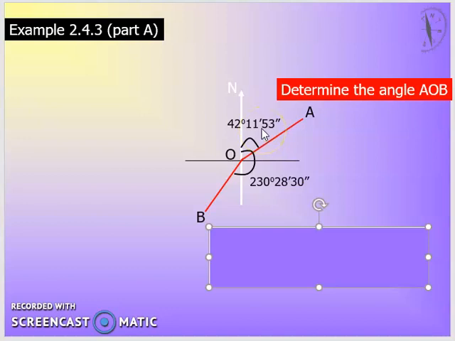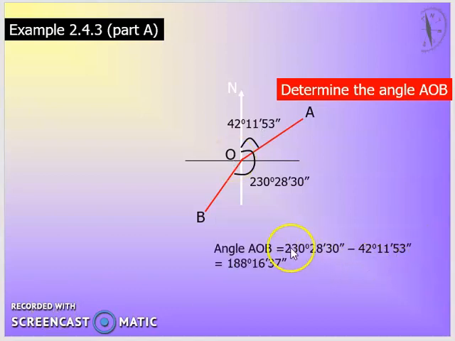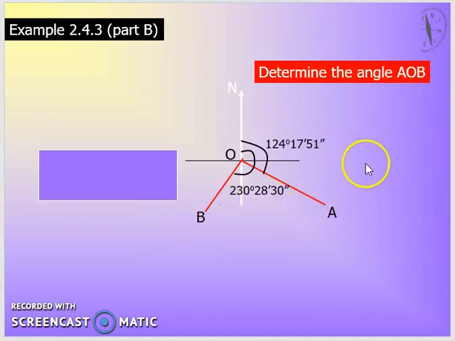If not, you can use the calculator function in order to do the subtraction. So this is how it looks like. The big angle subtract away the small angle, and you will end up with 188 degrees, 16 minutes and 37 seconds. So this is also another example where you need to do subtraction of the angle to find the value that you want.